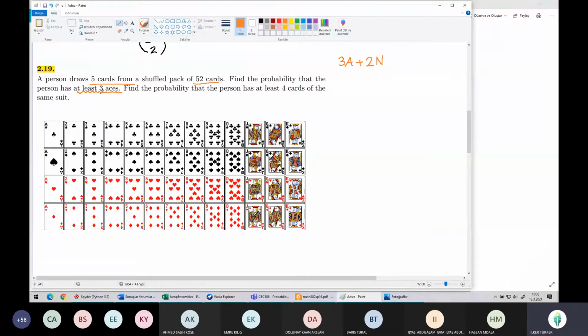Okay, but at least 3 aces. So it means 4 aces plus 1 non-ace and 5 aces. Okay, do you agree with me?